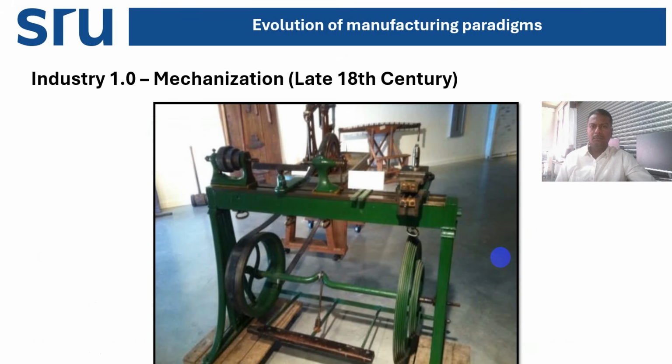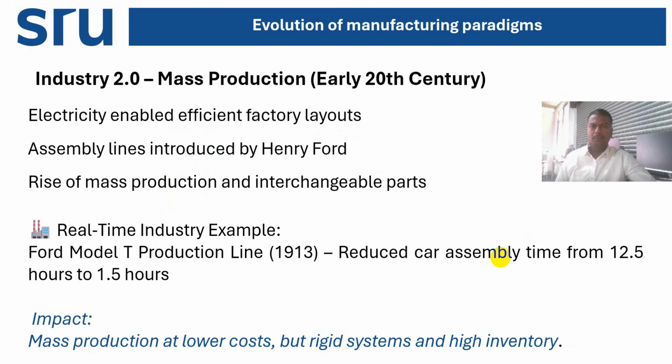Later, you can see this Industry 1.0 engines. In 2.0, some of the factories started to explore in the 18th and 19th centuries. These products were limited to particular people. Then they started to make the material available to mass production systems.